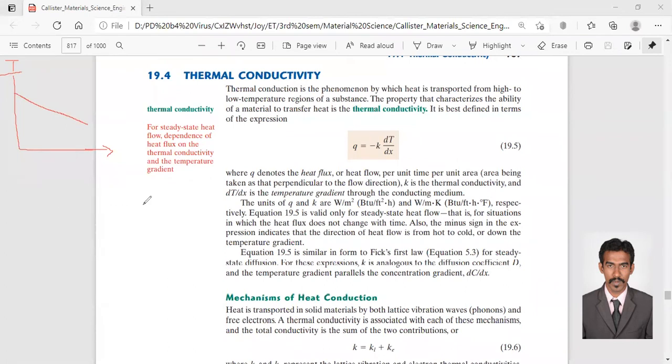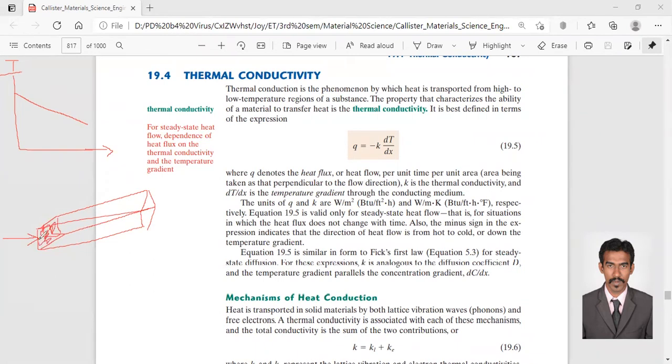So say for example, I have something like this, a kind of rectangle, and the heat is traveling this way. So the heat is actually traveling in this cross-sectional area, right?